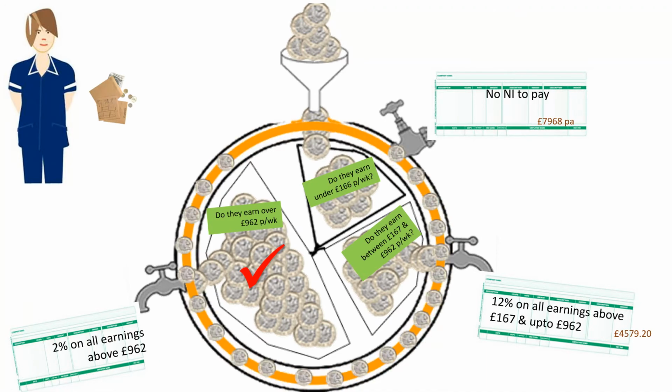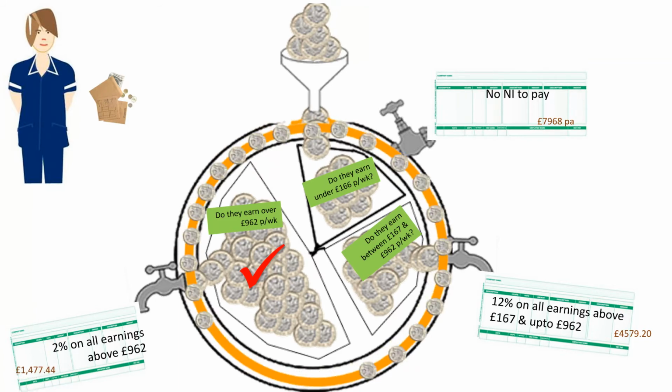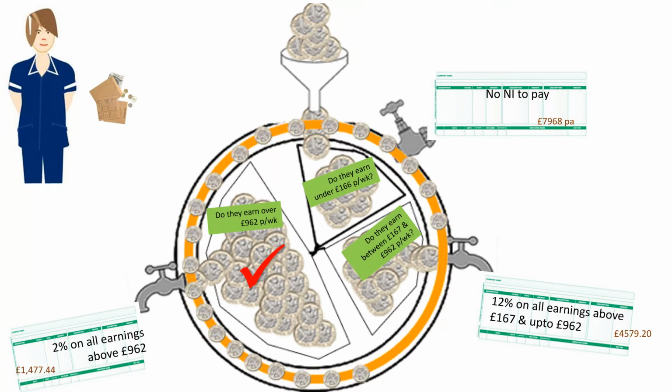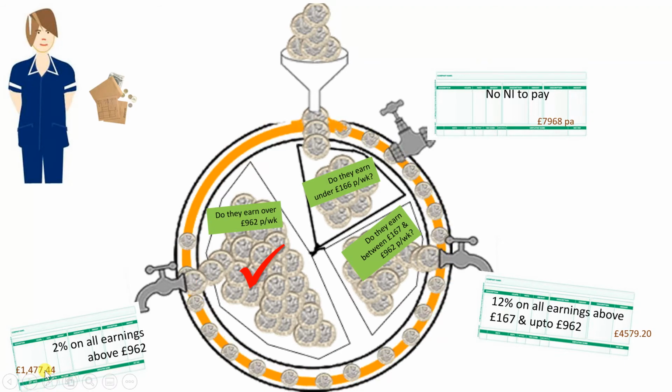Now that third slice is all charged at 2%. So her final national insurance bill is £1,477.44. Basically that's 2% of that 73,000 odd.